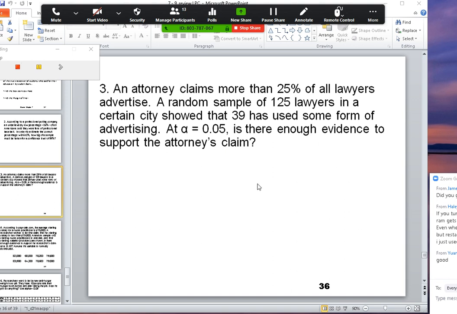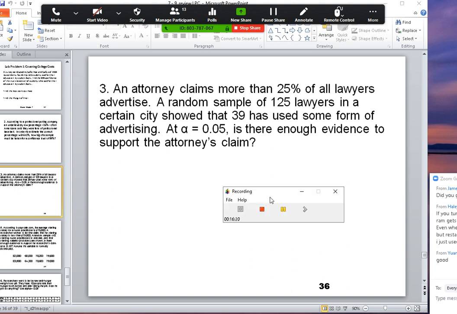Is it a confidence interval or a hypothesis test? Hypothesis test? Yep, I'm talking about claims. There's no word estimate or confidence interval in here anywhere. So it is a hypothesis test.